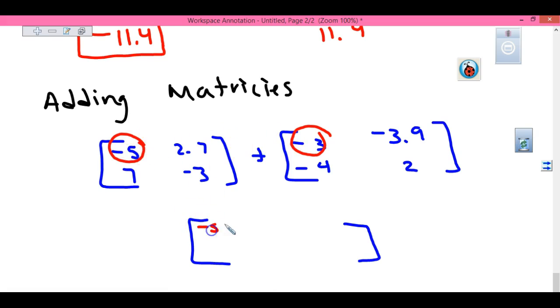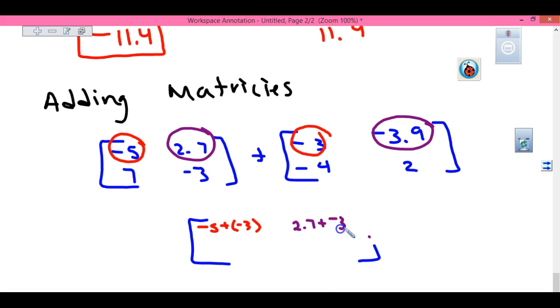So, negative 5 plus negative 3. Then the next one would be 2.7 plus negative 3.9.